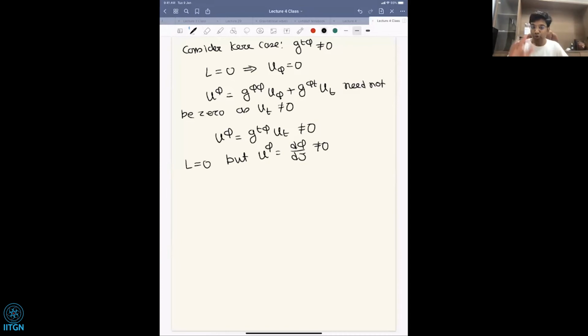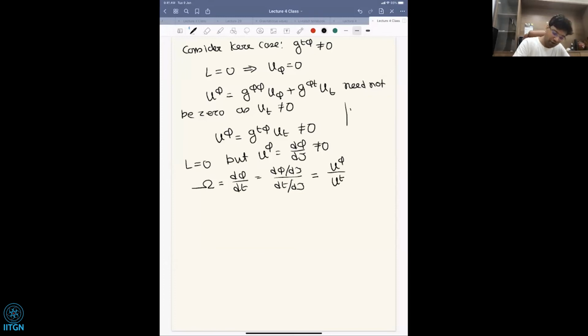Not only that, very strange, look at the angular velocity omega. What is the angular velocity omega? It is defined with respect to the coordinate time, that d phi dt is the angular velocity. So this is nothing but d phi d tau by dt d tau. And in terms of the components of the velocity, this is nothing but u phi over ut.